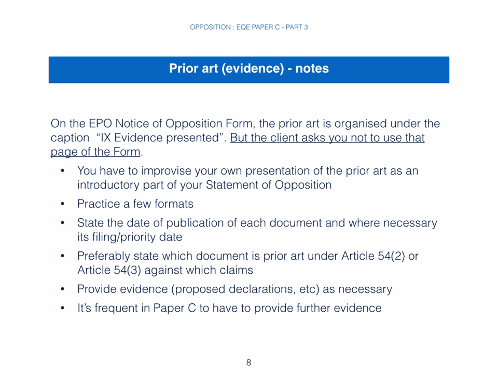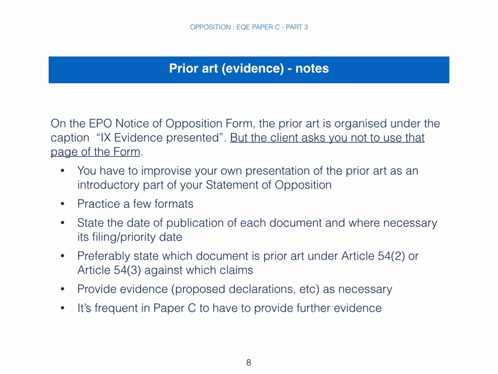State the publication date of each document and, where necessary, its filing or priority date. Preferably state which document is prior art under Article 54(2) or under Article 54(3) against which claims. In addition, you should provide evidence such as proposed declarations.